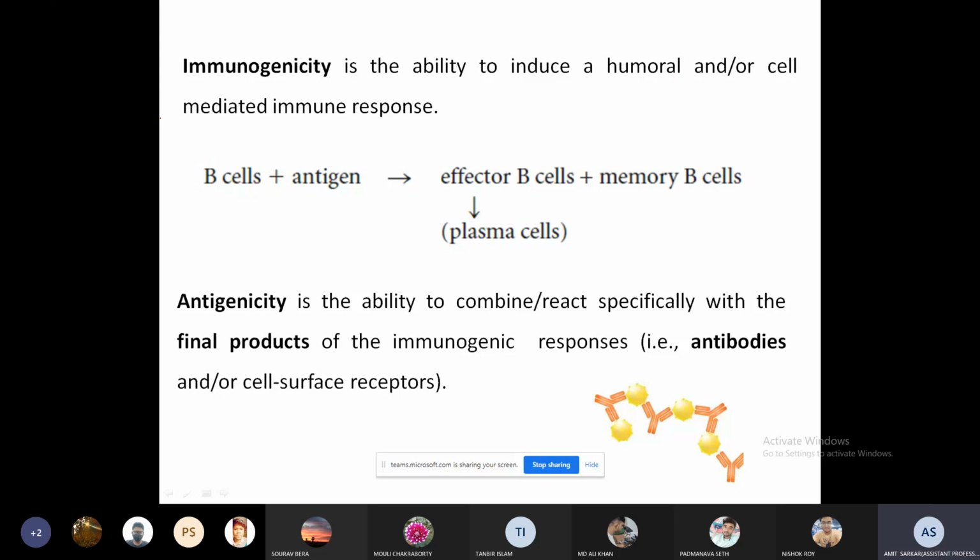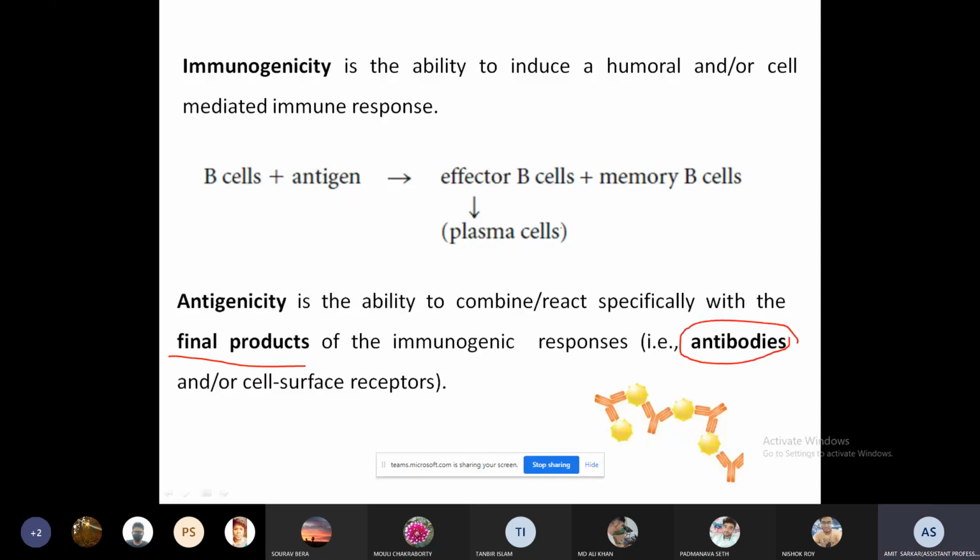Our immune system is taking action against this antigen. So that capability or ability is known as immunogenicity. But antigenicity is not like that. Antigenicity is only the ability to combine with, or to react specifically with, the final product of this immune response. What is the final product? The final product is antibodies. There are also cell receptors, but forget about that. Antibodies.